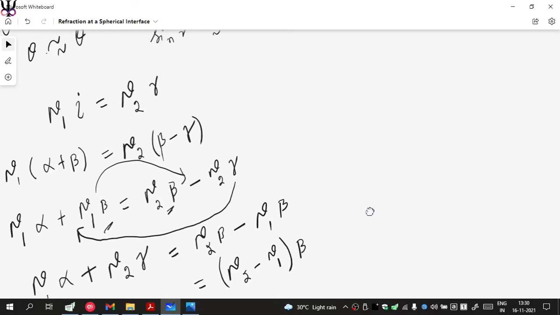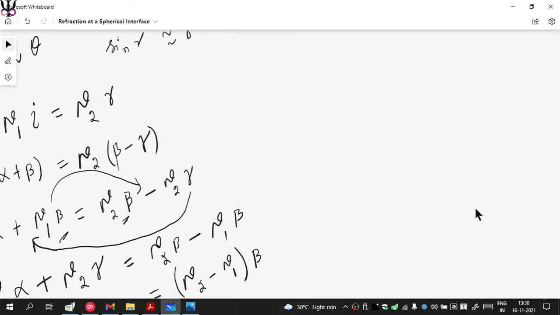So let us write the final expression here. The expression that we have got is mu1 alpha plus mu2 gamma is mu2 minus mu1 times beta.